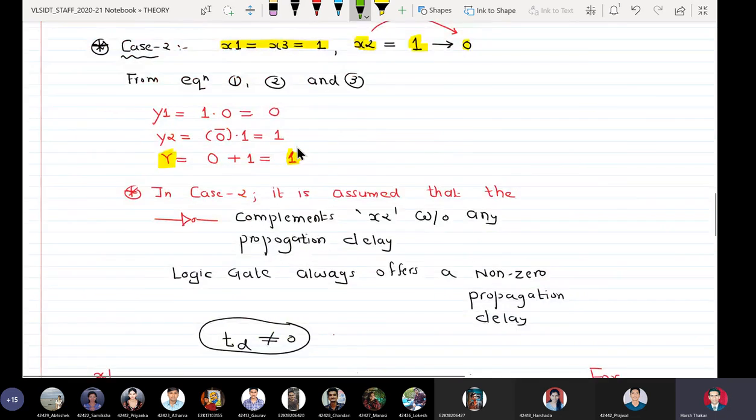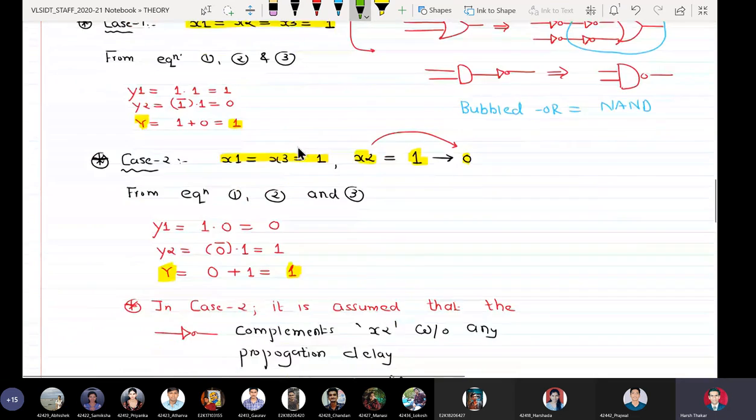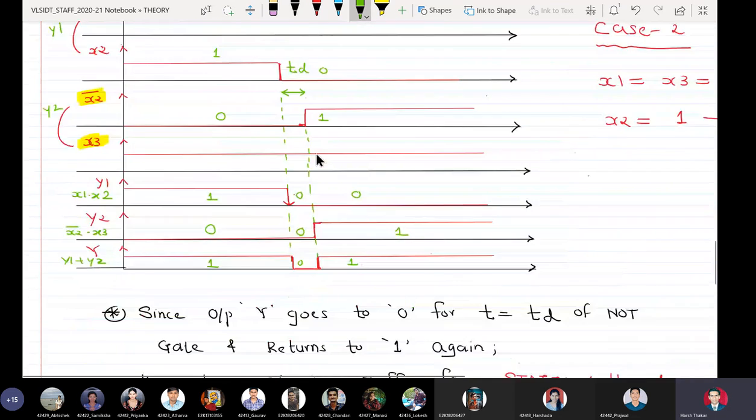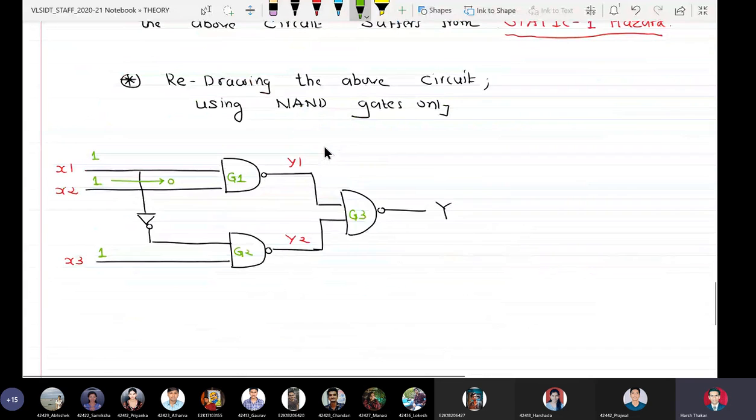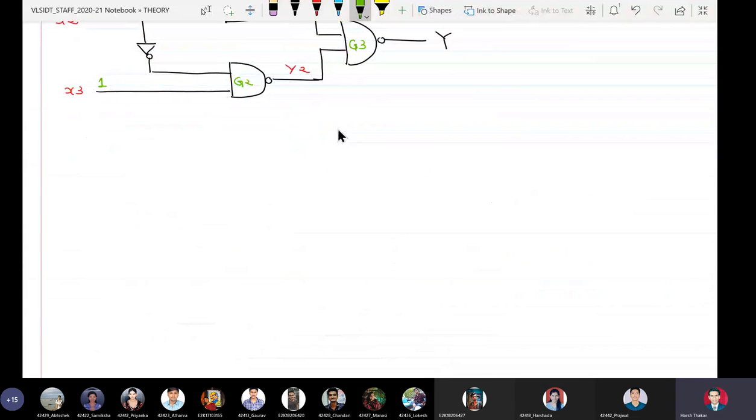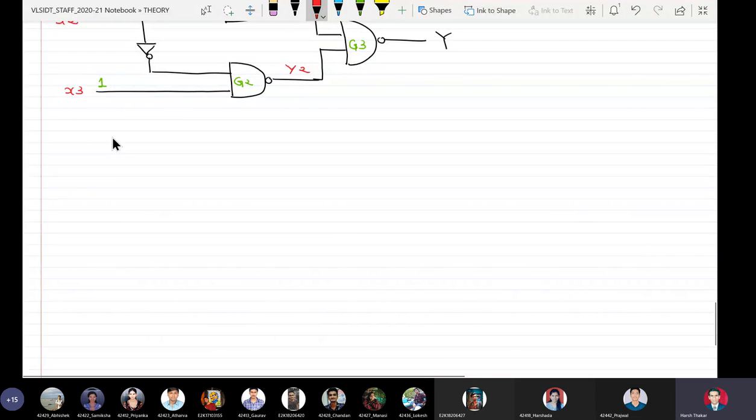Because we have replaced AND with NAND and also the OR with NAND, this circuit will functionally remain the same as above, but it will start suffering from static zero hazard.